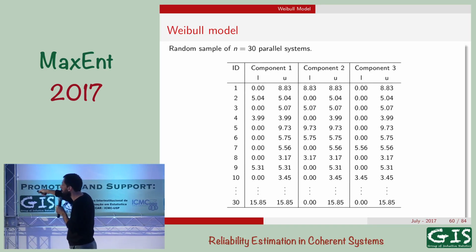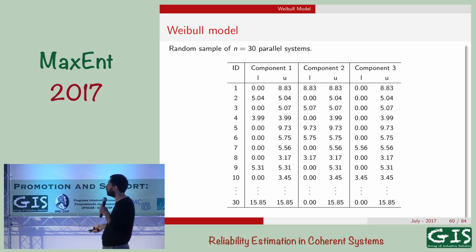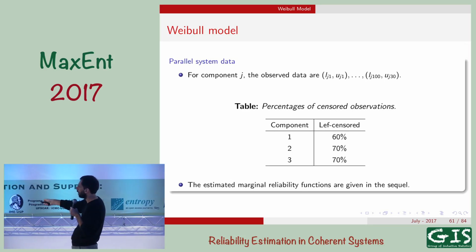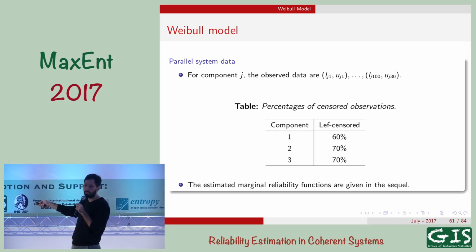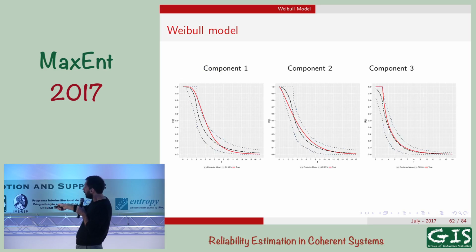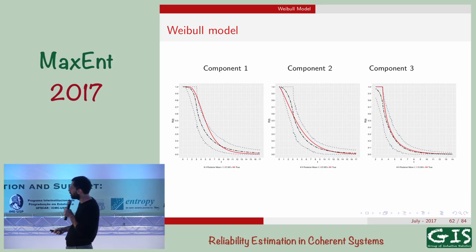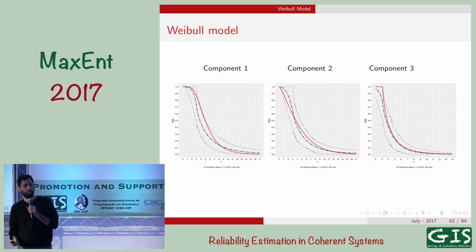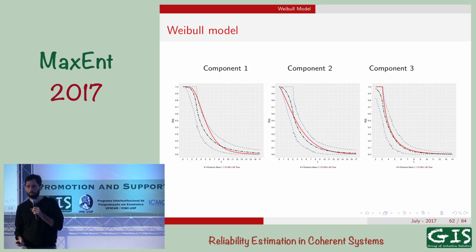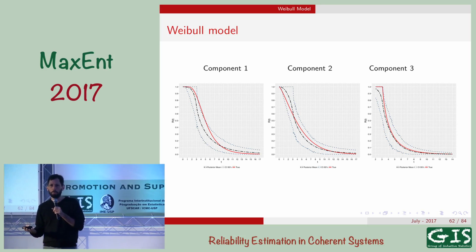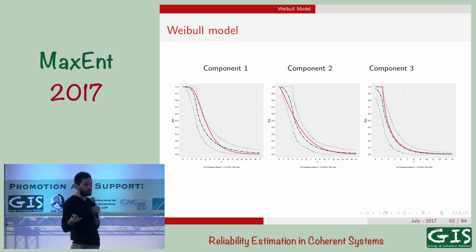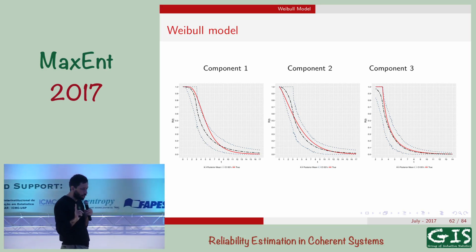A system with 3 components, we generated the data, we have this kind of representation, and again, a lot of censor time. And now if you see this picture, you may say to me, but the bridge system was better. It was a more complex structure. It should be more complex to solve.